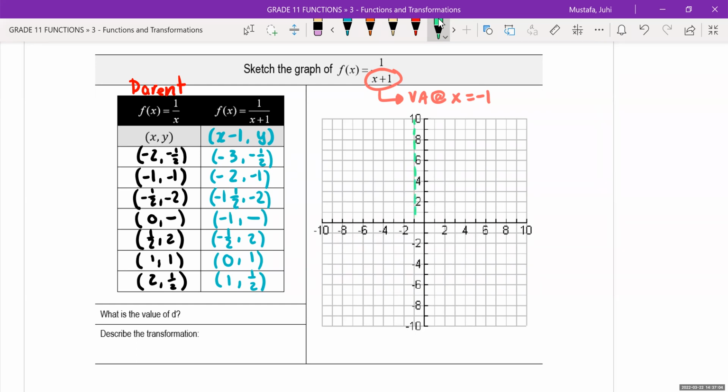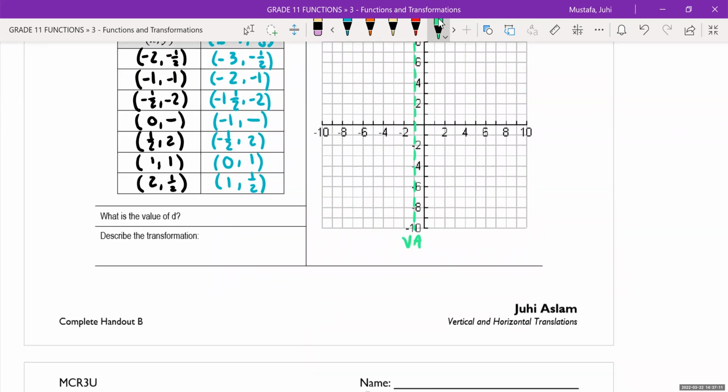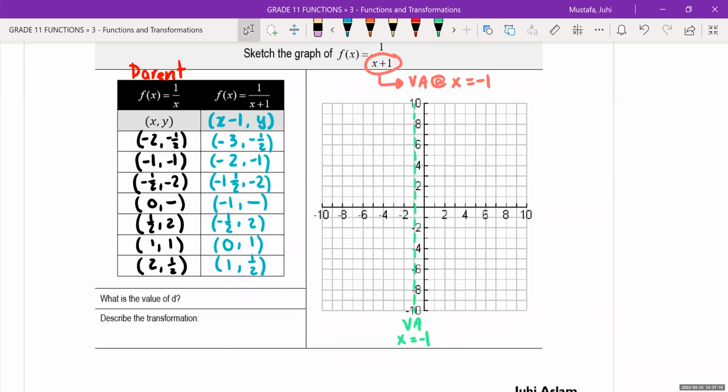It's going to look like this. That is my vertical asymptote, x is equal to -1, because the entire graph is shifting 1 to the left. And then for my horizontal asymptote, that is going to stay the same. And it's going to be at y is equal to 0.